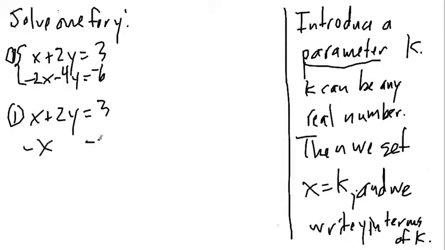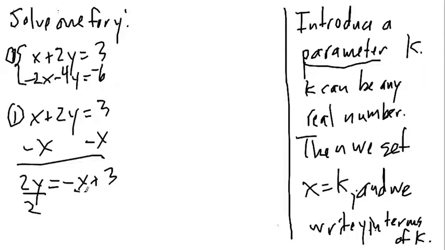I subtract x from both sides, and I get that 2y is equal to negative x plus 3. And then I'll divide both sides by 2. That really means both of the terms on the right-hand side have to be divided by 2.